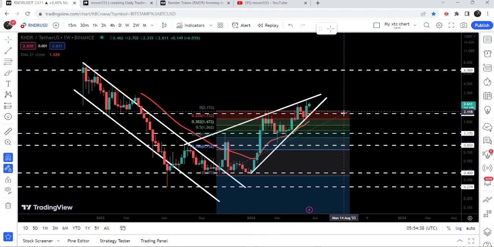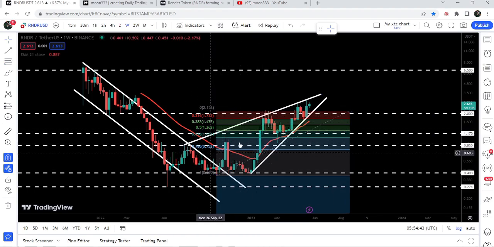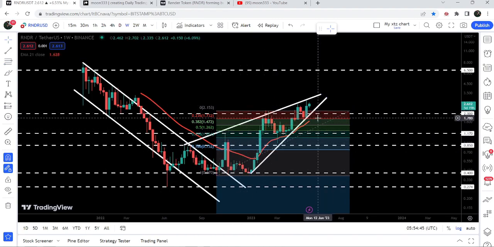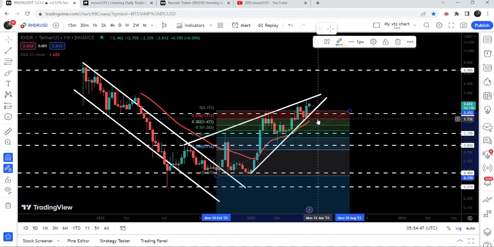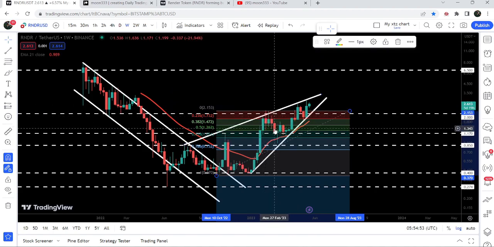Therefore, even if we ignore this W-shaped pattern, it is not forming a perfect cup and handle, because while forming the handle of the cup, it has retraced more than 50% of the body of the cup. In that situation, this cup and handle move is invalidated.